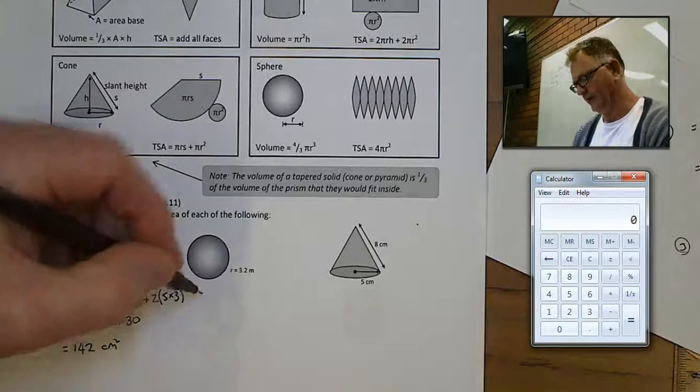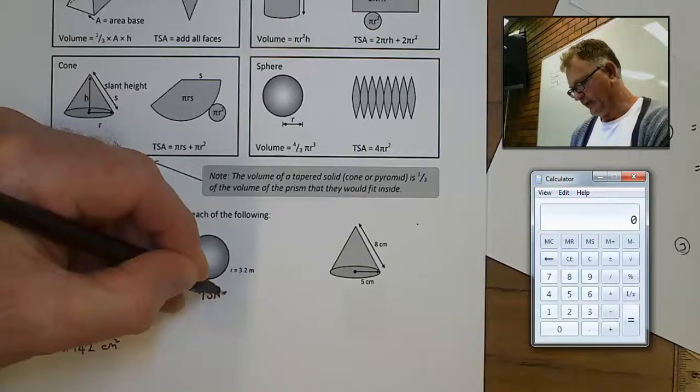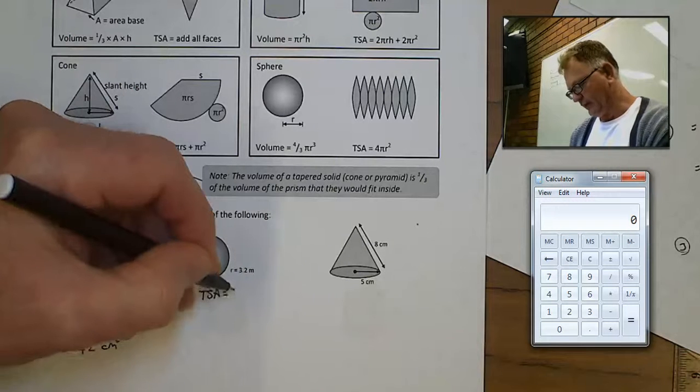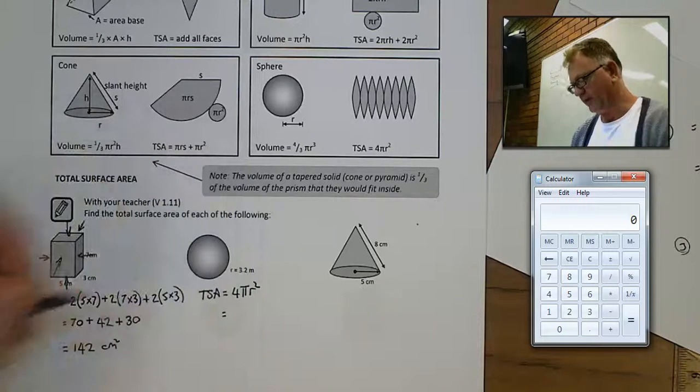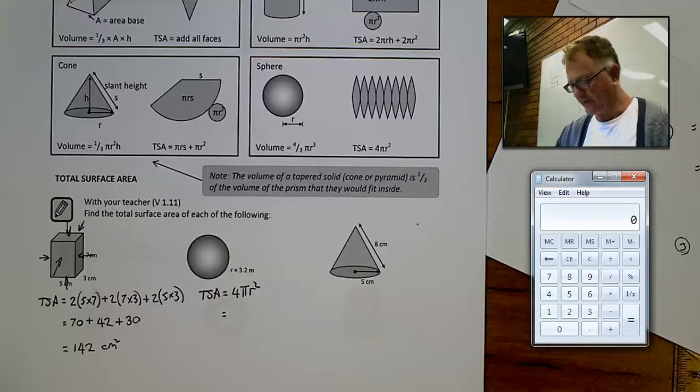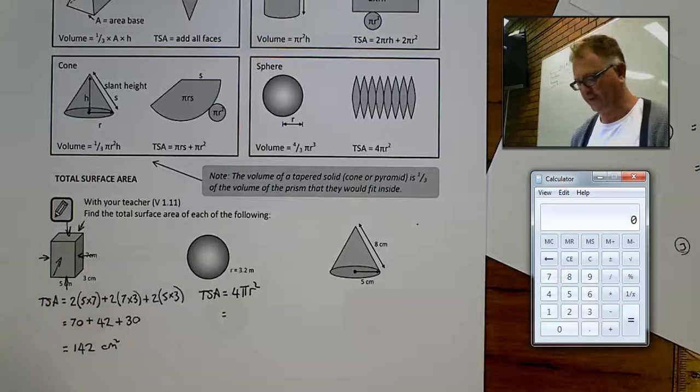This is a sphere, a ball, and the formula for the surface area of a sphere is 4 pi r squared, which is interesting because what it's saying is the area of a sphere is 4 times the area of a circle of the same radius.